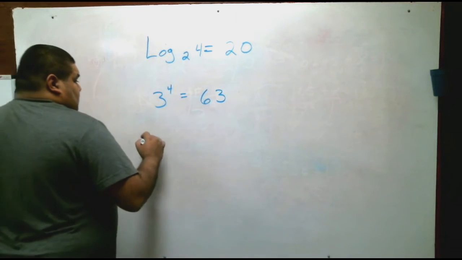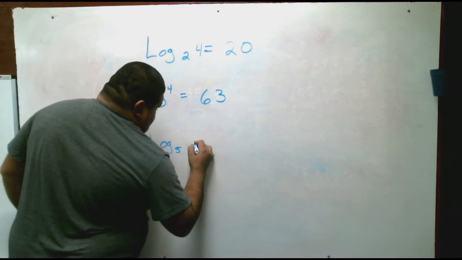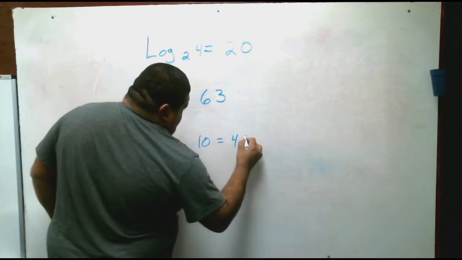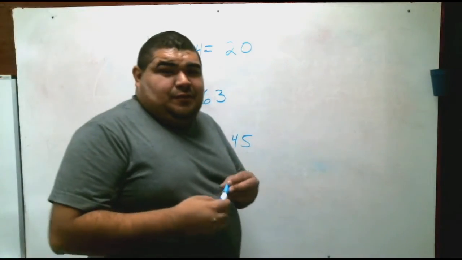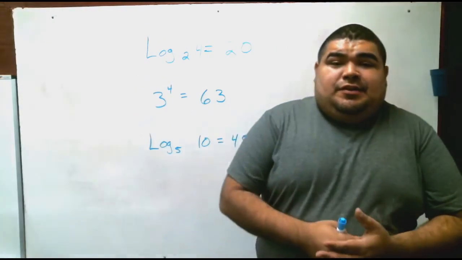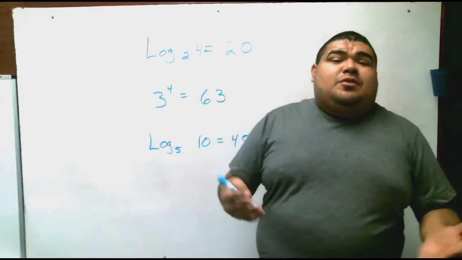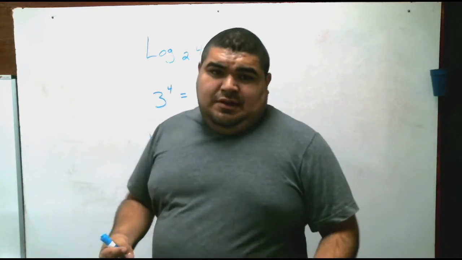And finally, log base 5 of 10 equals 45, okay? All you have to do is convert it from a logarithm to an exponential equation, or an exponential equation to a logarithm, okay?